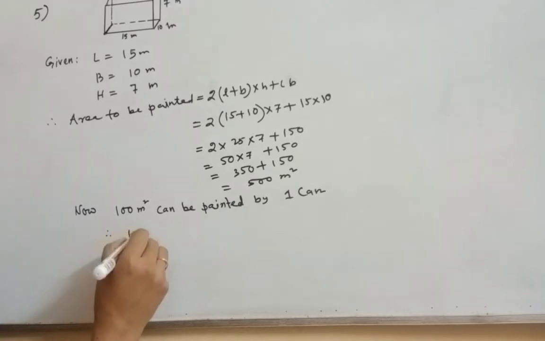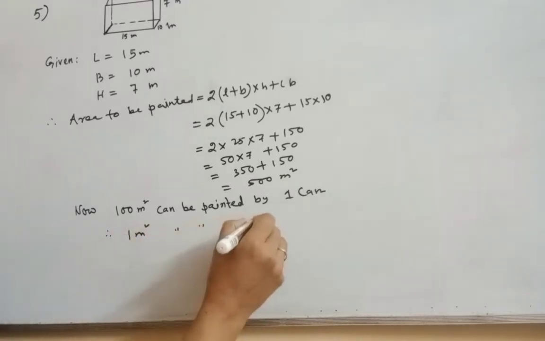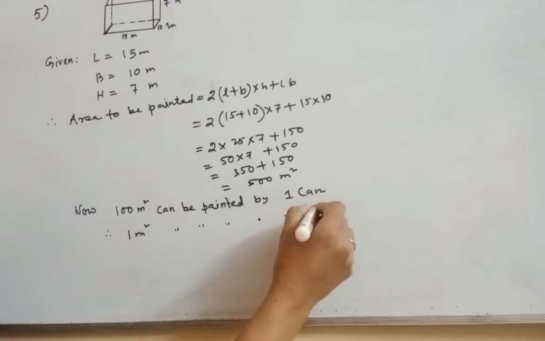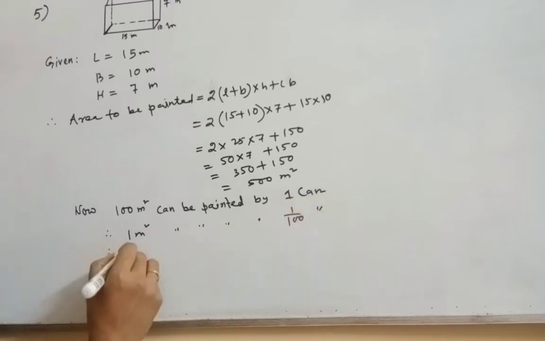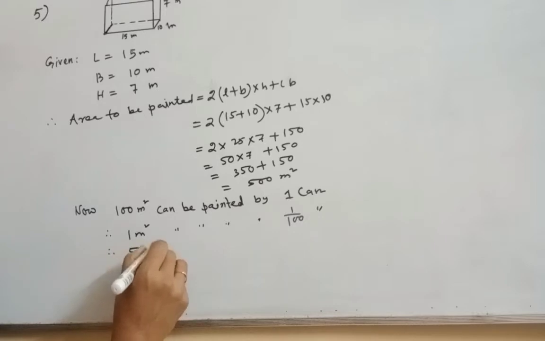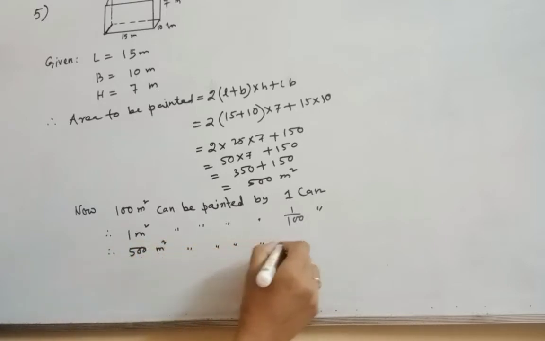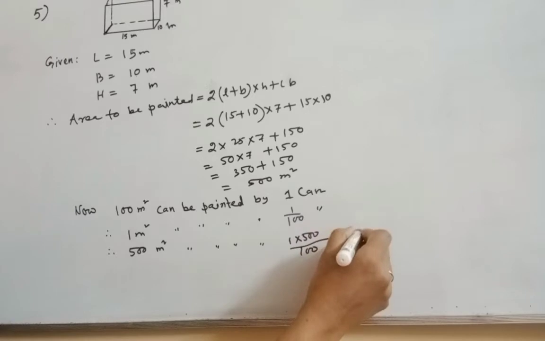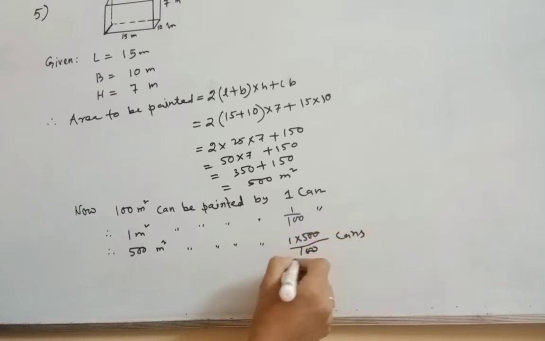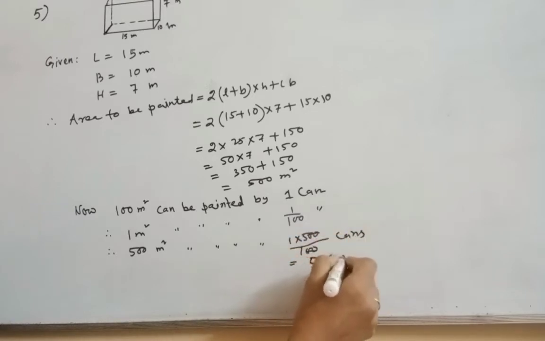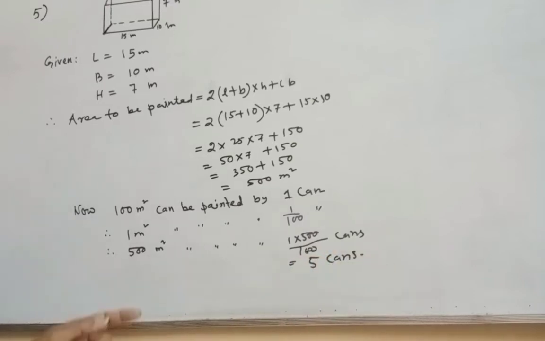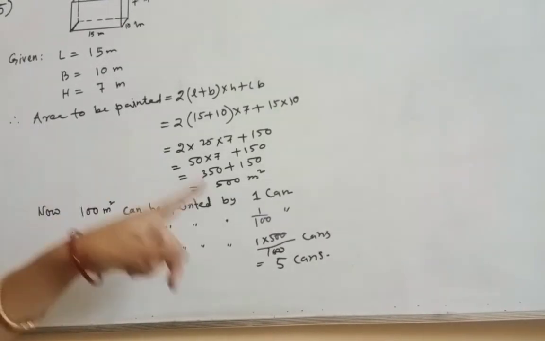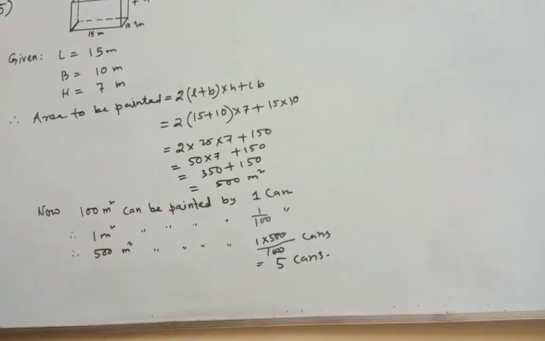Therefore 1 meter square can be painted by 1 by 100 cans, and 500 meter square can be painted by 1 into 500 by 100 cans, equal to 5 cans. Understood how many cans will be required to paint this 500 meter square area? 5 cans will be required.